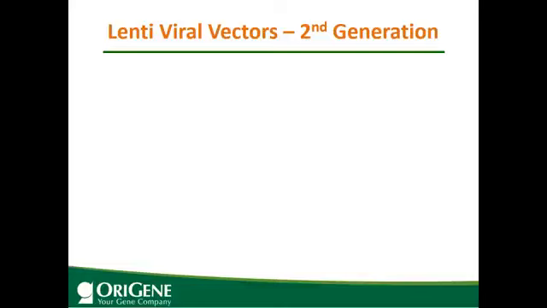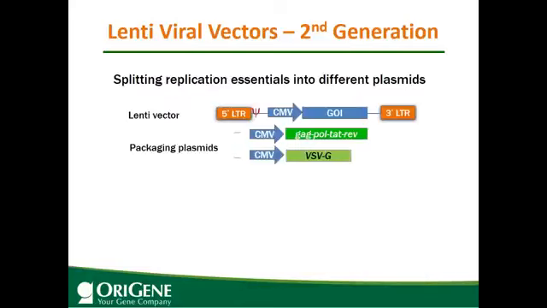So to make the lentivector safe, the scientists engineered the lenti system by splitting the viral replication essential genes into different plasmids. So the lentivector carrying your gene of interest only contains the LTRs and the packaging signal psi, and the other viral genes are provided on separate plasmids called packaging plasmids.